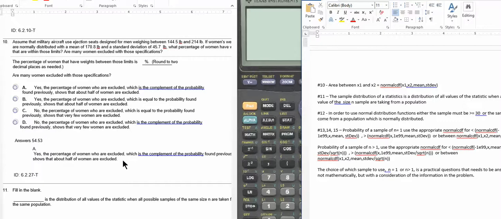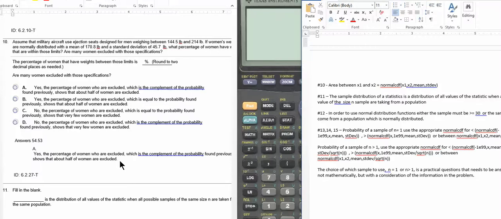Because it's small, only 54% of women will fit into this. So the complement of that, 45 point something percent, will be excluded. That's a lot, quite a few people that are excluded.